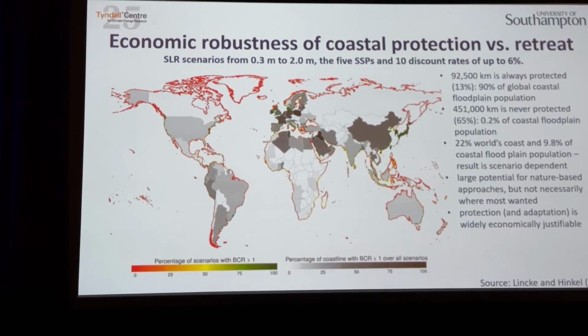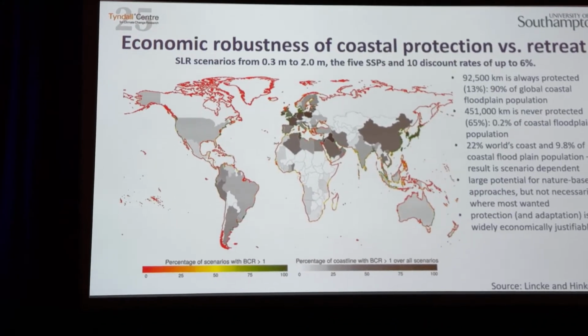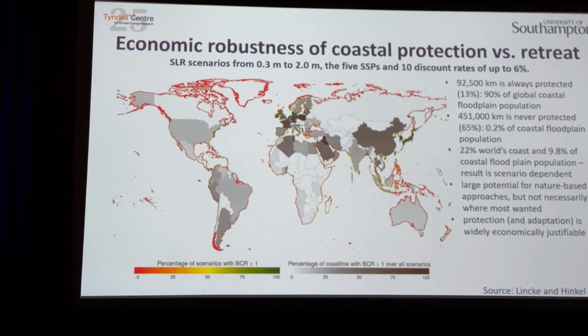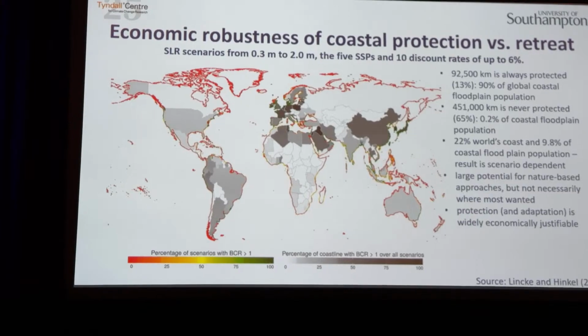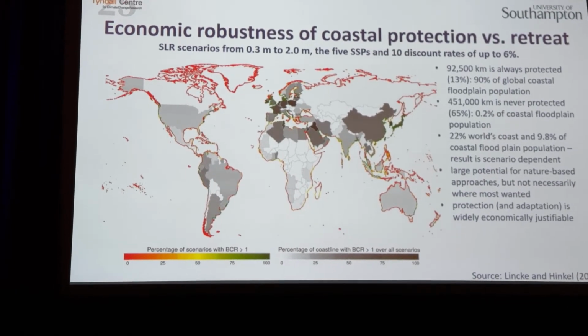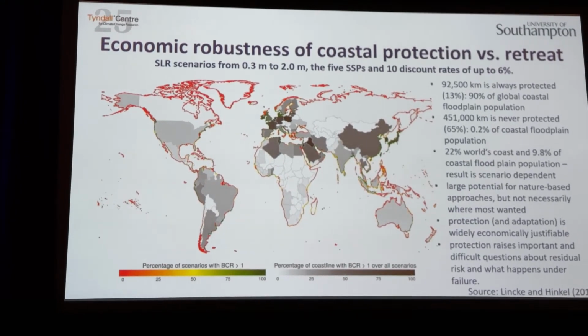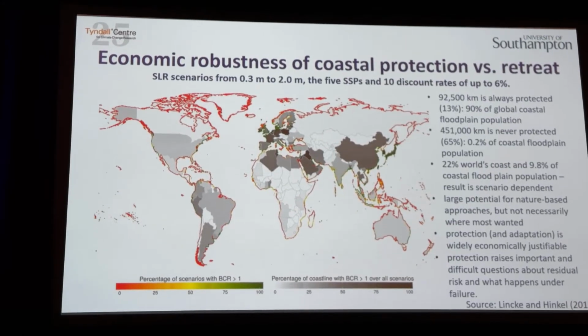And turning it around, protection and maybe more broadly adaptation. This is a stylized analysis. Clearly, if you can generate money to build dikes, you can generate money to do other things. So it's talking about adaptation potential. It's widely economically justifiable where there are people. But I think that really raises an important question about protection.